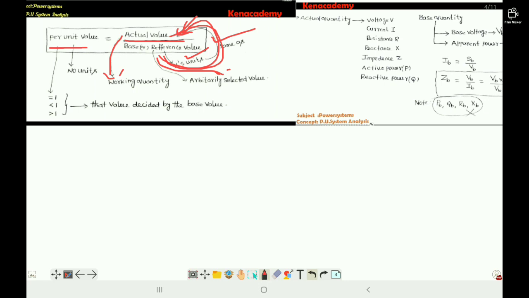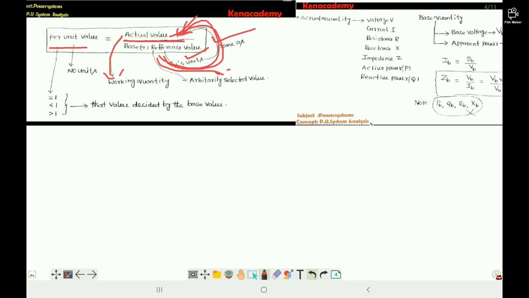Now the question is, sir, is the per unit value always equal to 1? Is it always less than 1 or is it always greater than 1? That is our doubt. But the point to remember is, it is not always equal to 1, not always less than 1, not always greater than 1.